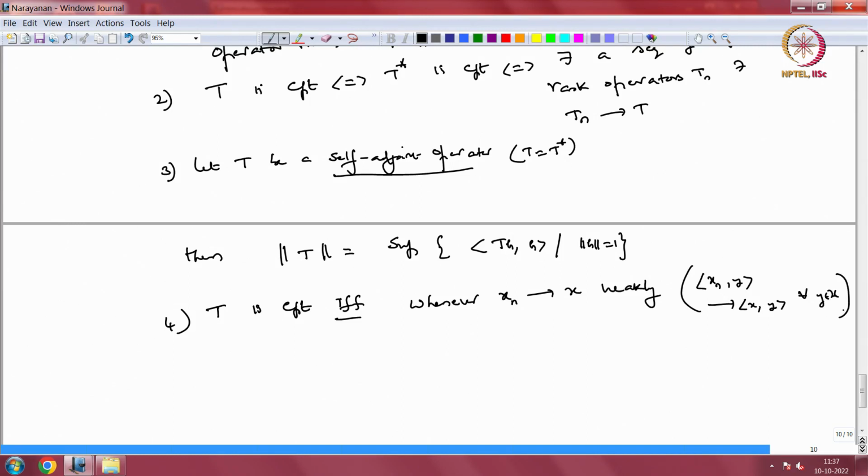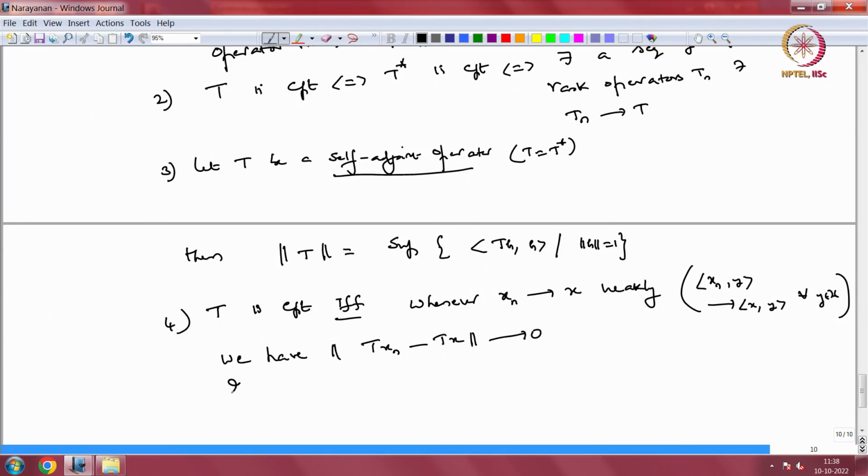That is what you mean by weak convergence. So, T is compact if and only if, whenever x n converges to x weakly, we have the image under T, that is T x n, should converge to T x strongly, right. So, in the norm, the difference goes to 0.